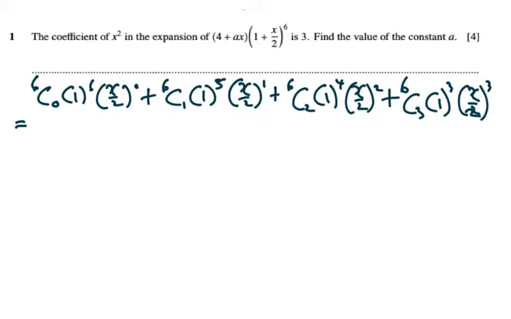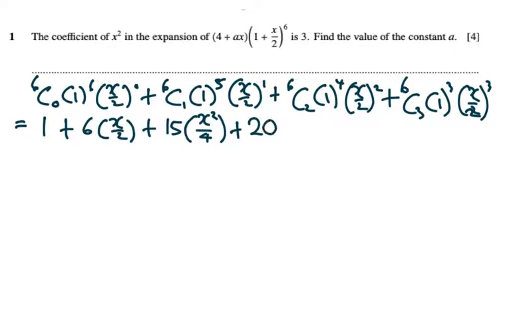And you should get 6c0, which is 1. Then the next one, 6c1, which is 6 times x over 2, plus 6c2, 15, x squared over 4, plus 20 times x cubed over 8, then plus ... Now I'm not done yet.